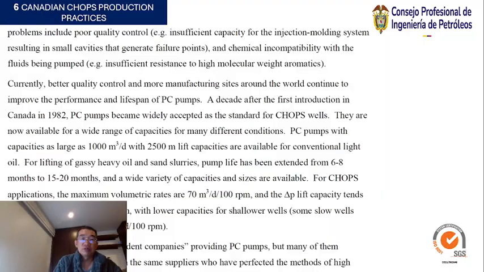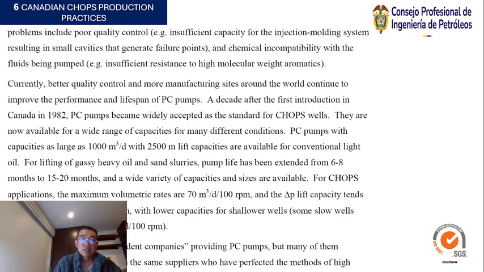They are now available for a wide range of capacities for many different conditions. PC pumps with capacities as large as 1,000 cubic meters per day within 2,500 meters lift capacities are available for conventional light oil. For lifting of gassy heavy oil and sand slurry, pump life has been extended from 6 to 8 months to 15 to 20 months, and a wide variety of capacity and size are available.